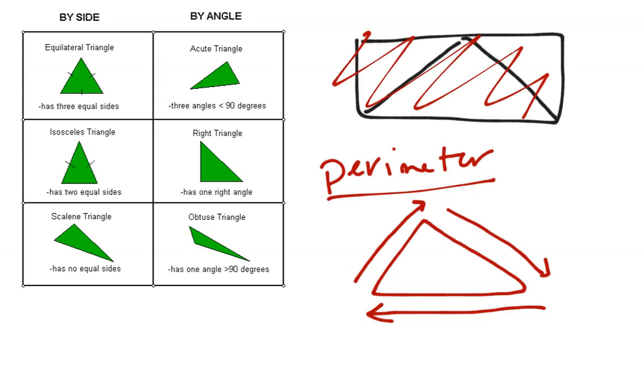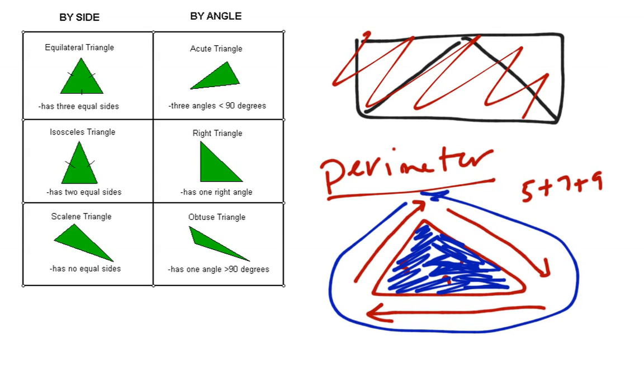So you would have to measure, let's say this is 5 feet, and this is 7 feet, and this is 9 feet. You would do a 5 plus 7 plus 9. It's like you're building a fence around it, you're walking around it. Versus area, which is the part that's going to cover the whole triangle up. So perimeter is around, and there's no formula, you're adding up all the sides.